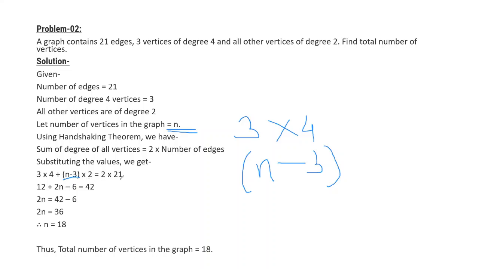That is equal to 2 into the number of edges, which is 21. So 12 plus 2n minus 6 is equal to 42. So 2n is equal to 42 minus 6, and n is equal to 18. The total number of vertices in the graph is 18.